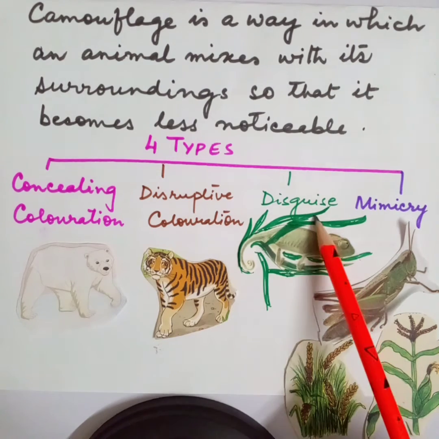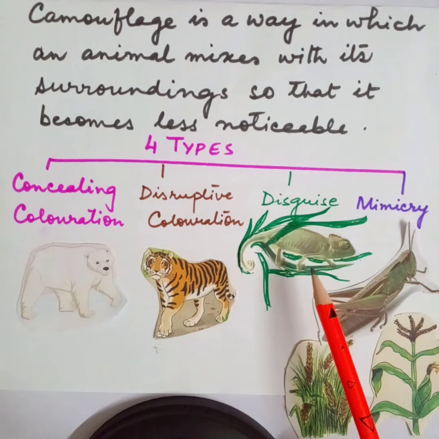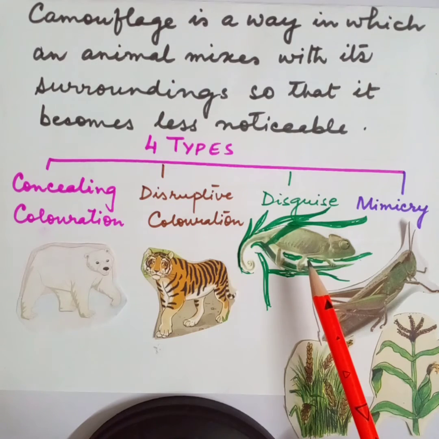When it is in green background, the color seems to be green, but when it goes inside the bushes with a brown background, the color changes to brown, and this is called disguising. Disguising means the body color changes according to the surrounding so that the color blends easily with its surrounding and it can trick its enemy.